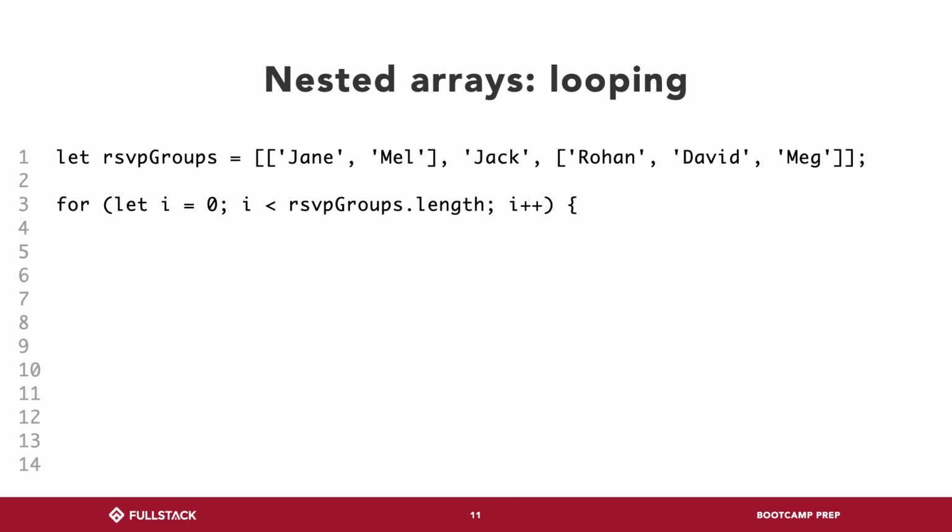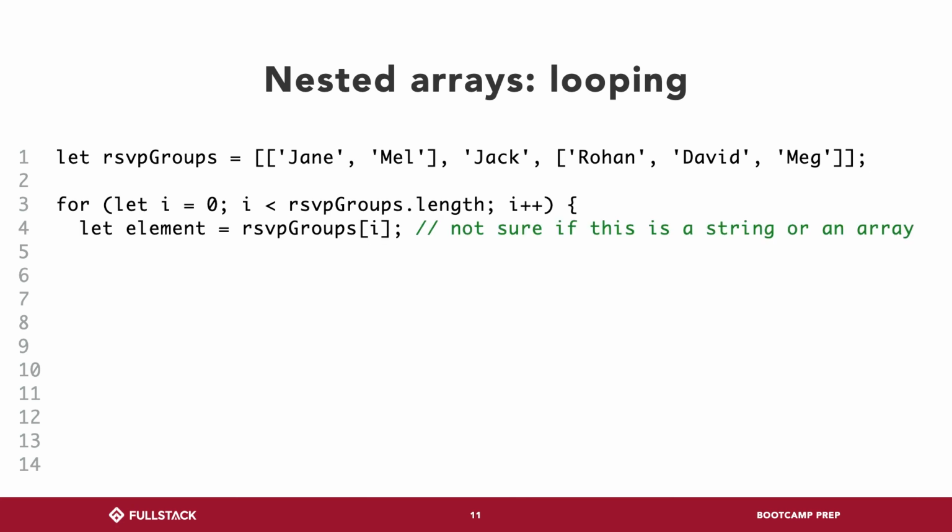So let's say I wanted to get every value out of here. For let i equal 0, i less than rsvpGroups.length, which is 3, and then we're going to increment i every time. Let element equal rsvpGroups of i. We are not sure if this is an array or a string, okay? Because you see, here's an array, and here's a string, and here's an array. So we can do this if statement.